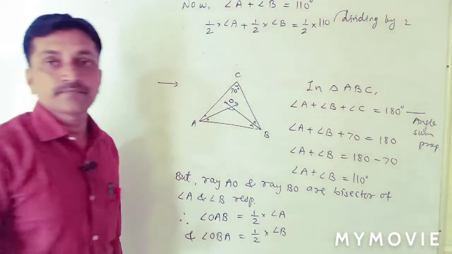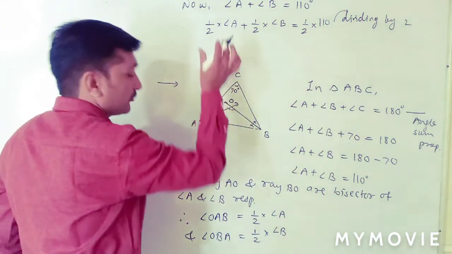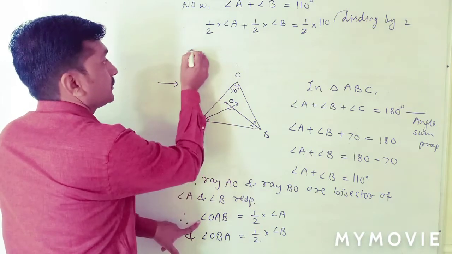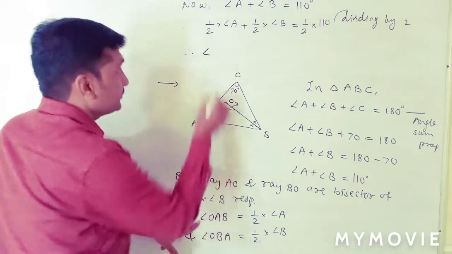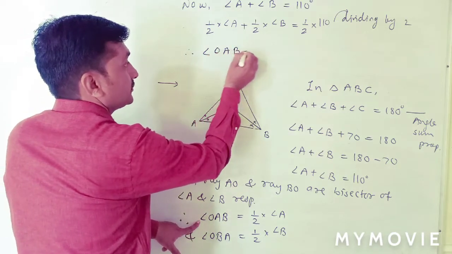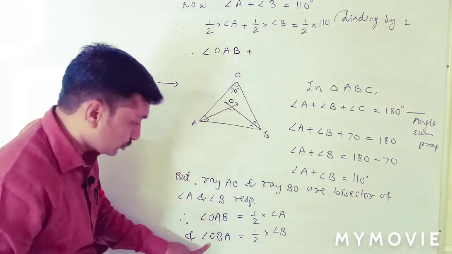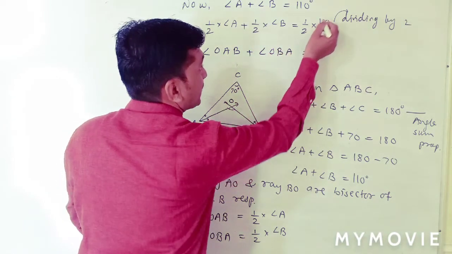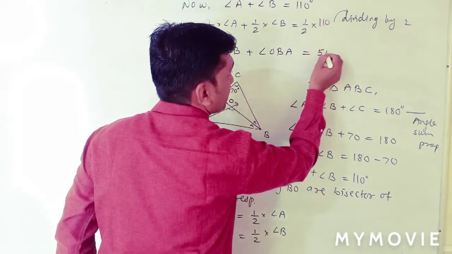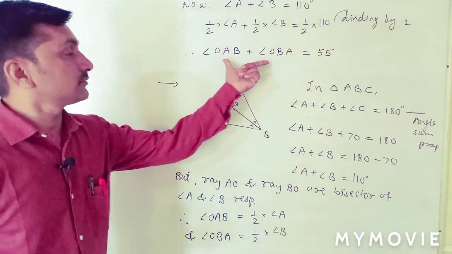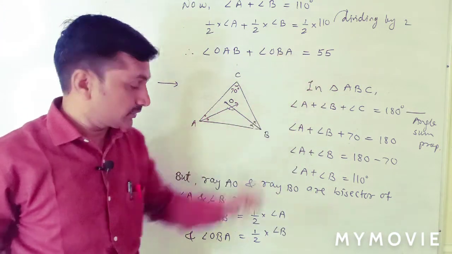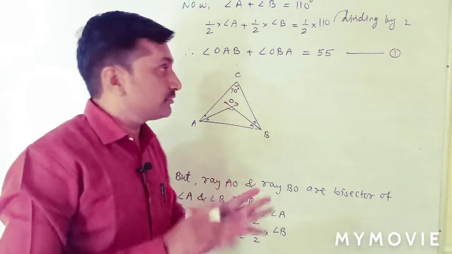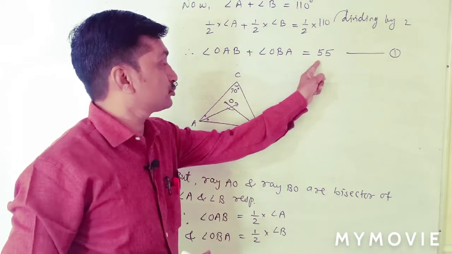Now half of A means angle OAB, plus half of B, OBA, is equal to half of 110, which is 55. Number we will give here 1. Now we got the sum of these two angles is equal to 55.